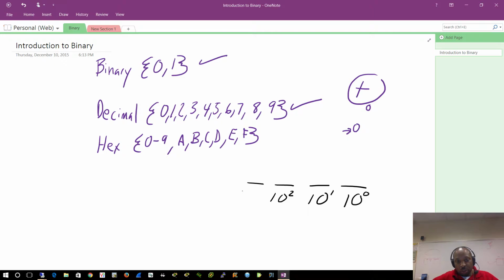This represents 10 cubed. Even though we use the same symbols in each digit placeholder, they mean different things. So for example, if I have the number 5, 5, 5, 5, we know that this 5 is different than this 5.